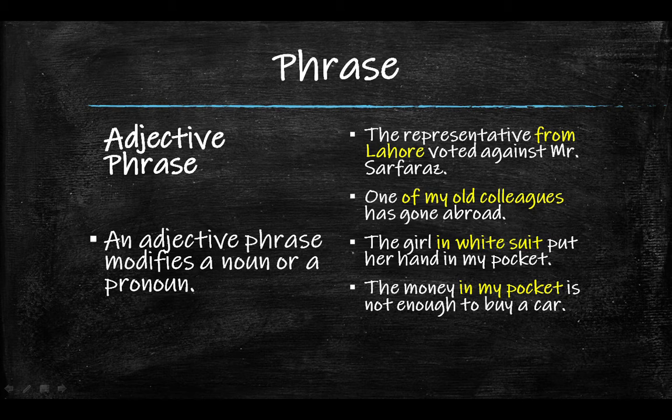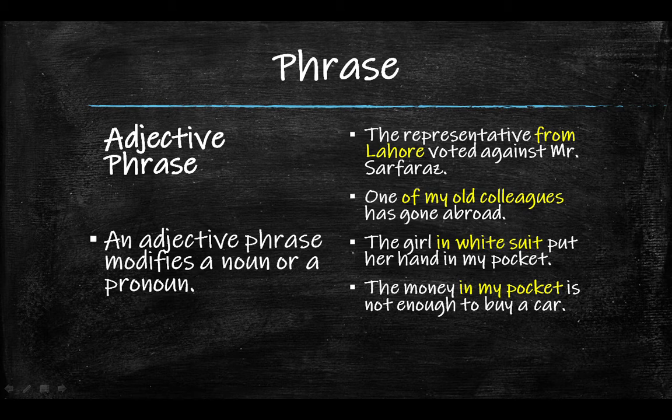We have already learned that to plus the first form of the verb does not function as a verb in the sentence. And in my pocket is not indicating the place of any action over here. It's adding something to the meaning of money. If I ask you which money is not enough to buy a car, your answer will be in my pocket. But if I ask you which hand the girl put in my pocket, it does not answer this question.